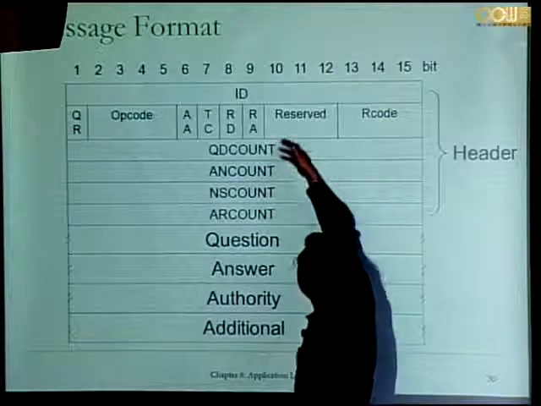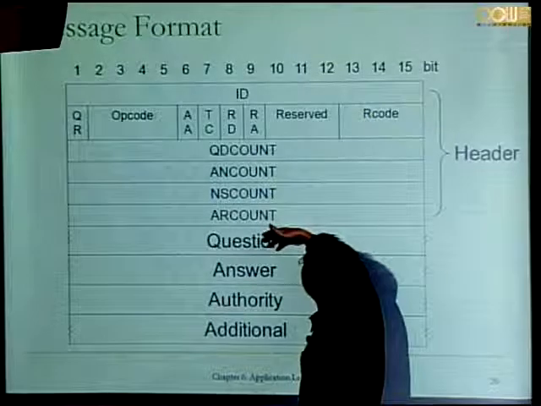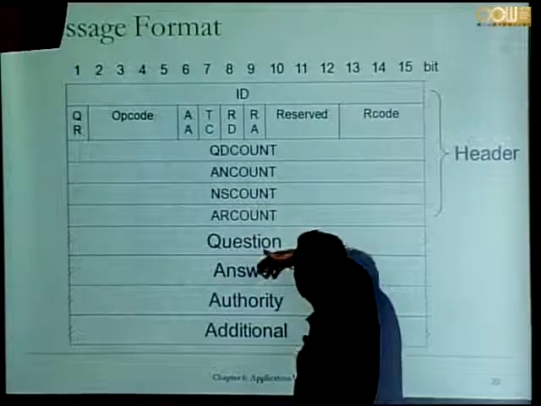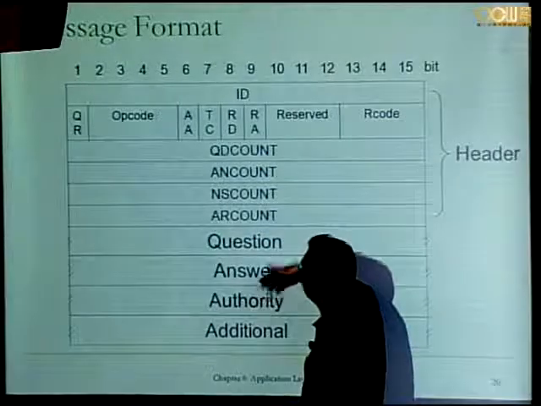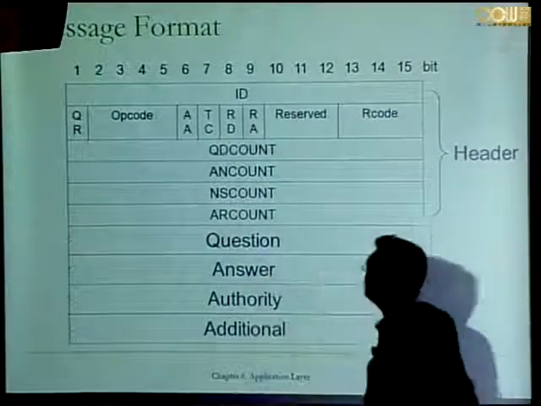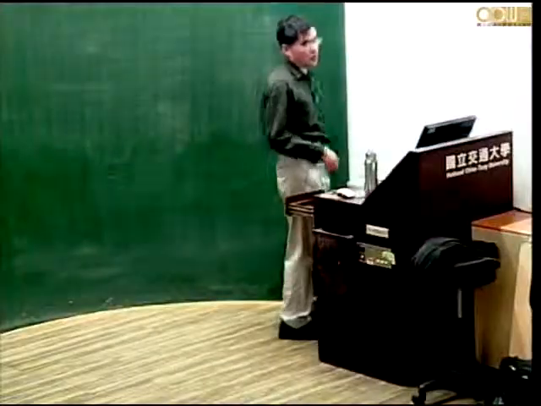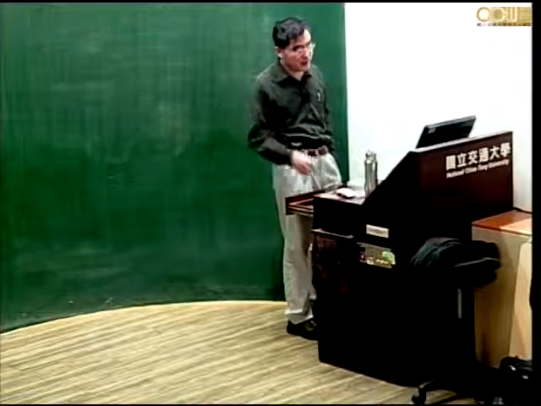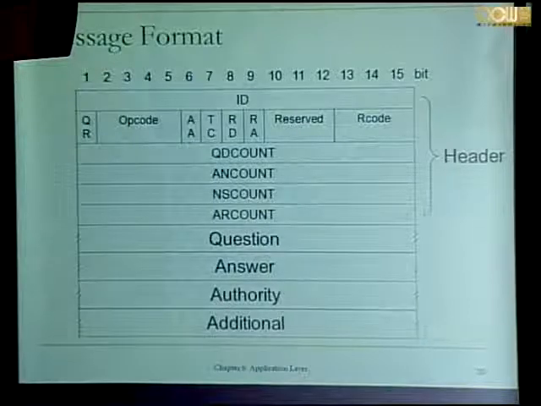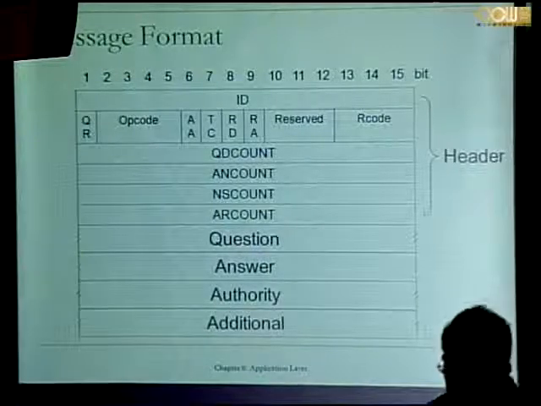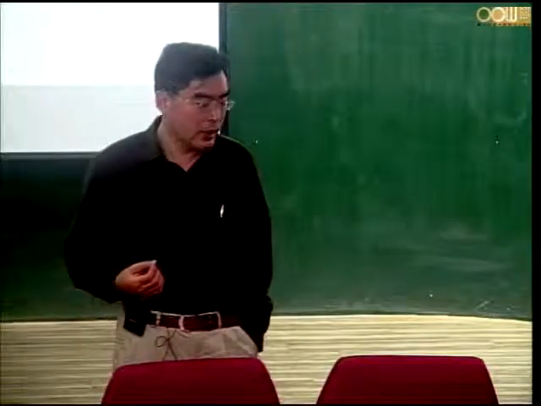But there's a counter that will count how many questions are put in the message, how many answers you put in the message, how many name servers you put in the message. So there's a counter here. So it's quite close to a fixed format, in the header. But after DNS, they realized it's difficult to have a fixed header format.